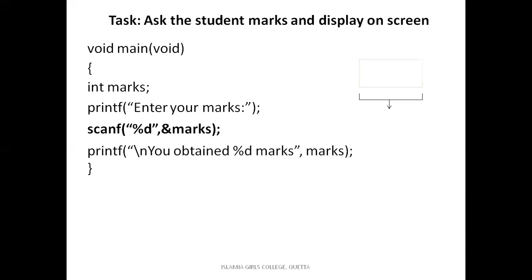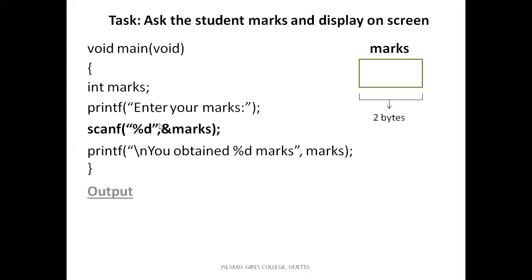So now let's see this program once again. When we have written that statement integer marks, then a space will be reserved in the memory. And this space will be 2 bytes because you know that for the integer 2 bytes are reserved. And this space will be given the name of what? Marks.